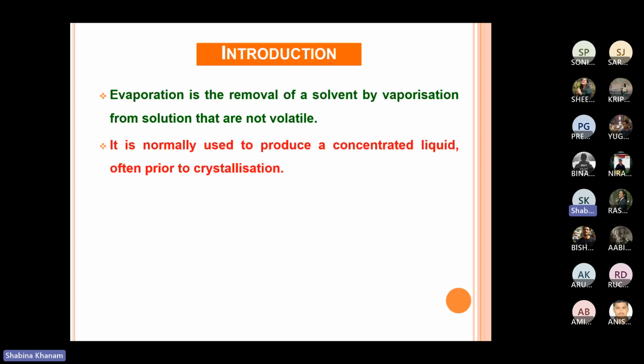So the thing is to remove the solvent from the solution. It is normally used to produce a concentrated liquid, which is a primary unit before crystallization. When we consider evaporation, we usually remove the solvent, and in most cases that is water.